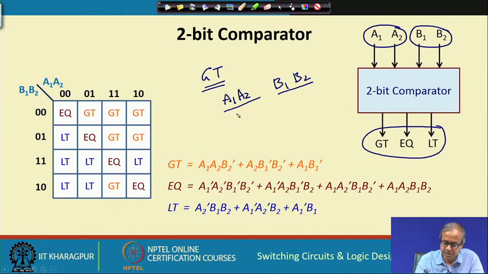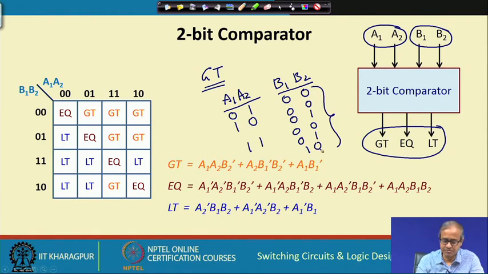When A1 A2 is 0 1 and B1 B2 is 0 0, then A is greater than B. When A1 A2 is 1 0, B1 B2 is either 0 0 or 0 1, then also A is greater than B. And A1 A2 is 1 1, B1 B2 is either 0 0 or 0 1 or 1 0, then also it is greater. So, there are 6 possible scenarios.